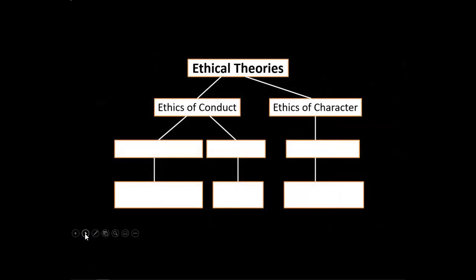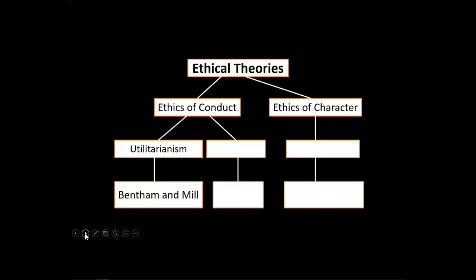All right, before we get into this talk, just real quickly, on the left-hand side of this flow chart are ethics of conduct. Ethics of conduct begins with utilitarianism, with the theories of Bentham and Mill. These are theories that look past the act itself to the outcomes or consequences and decide on the basis of those consequences.